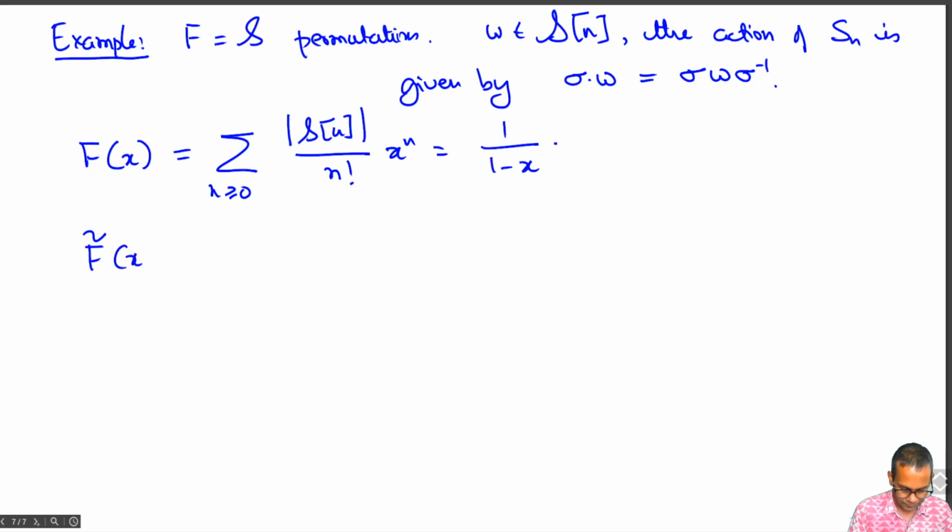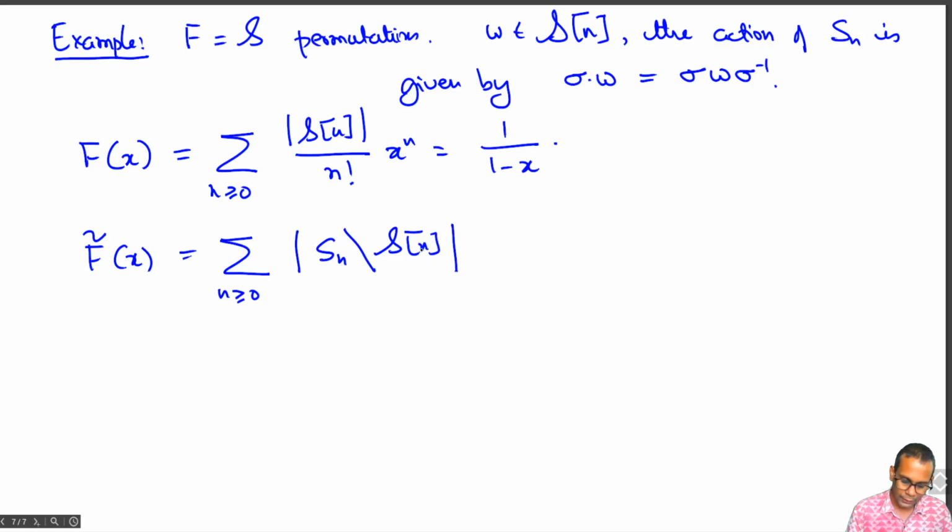F tilde of x is the summation over n of the number of Sn orbits on Sn. Here the action of Sn on Sn is by conjugation, so really we are asking for the number of conjugacy classes in the symmetric group. As you know, this is determined by cycle type, and so we get p(n) x to the n.